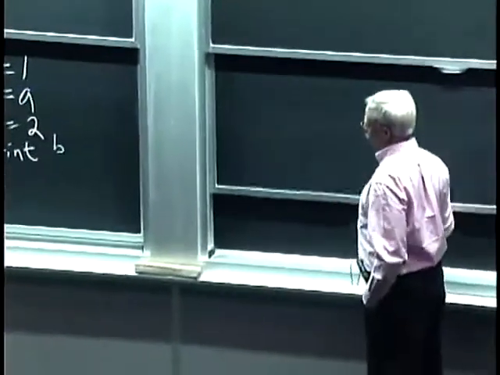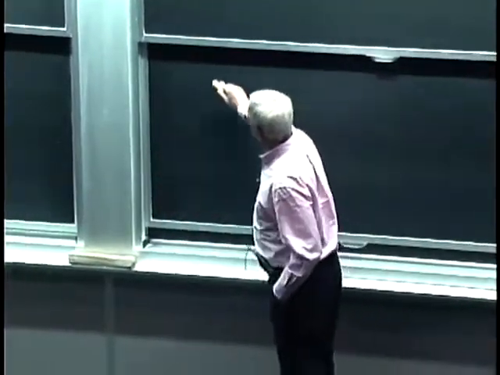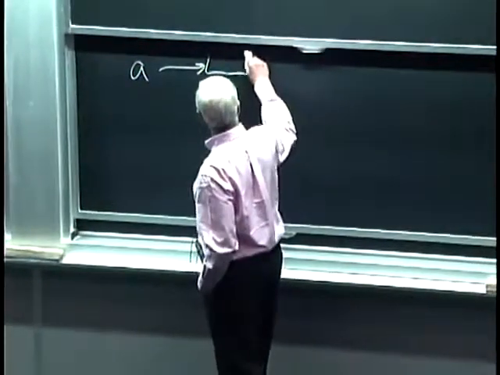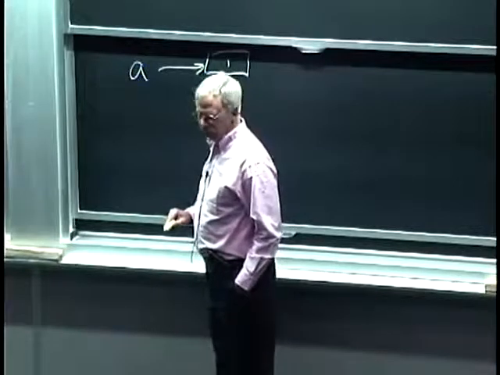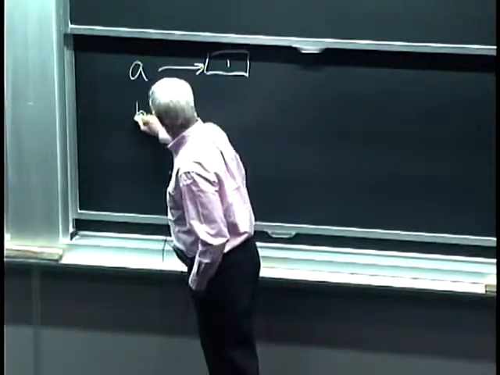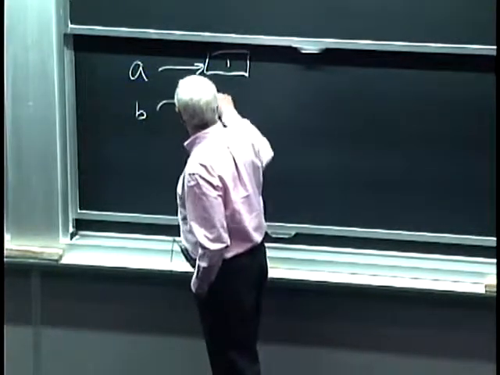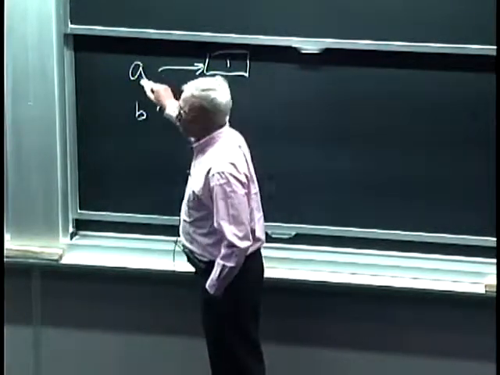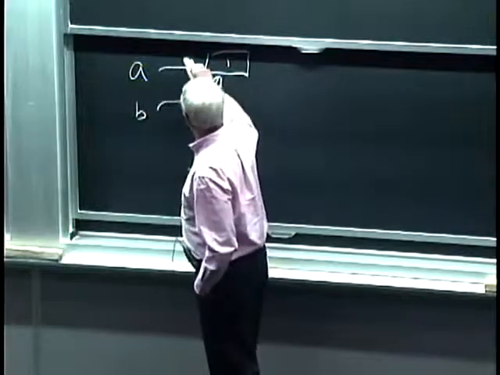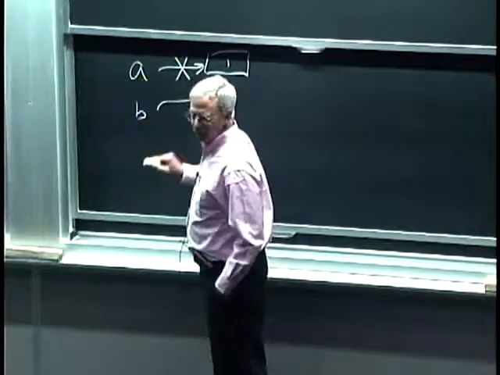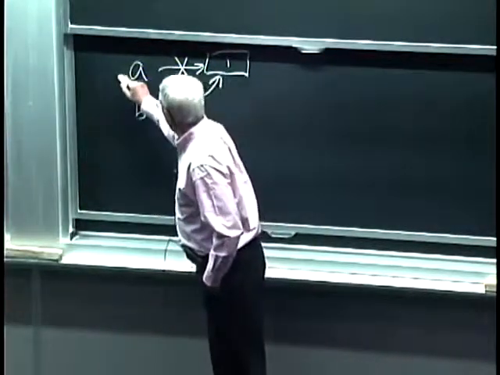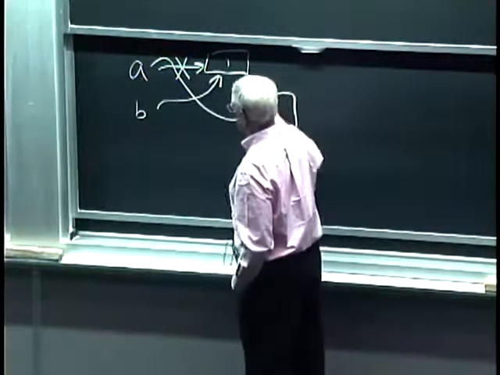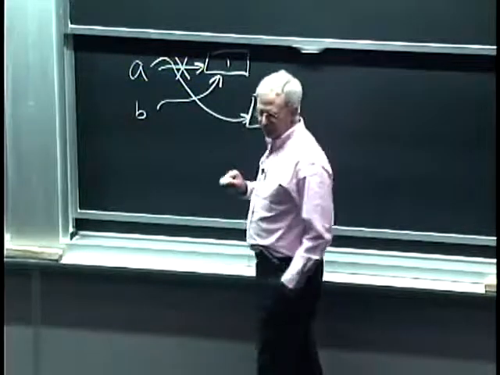So we'll draw the picture over here. Initially A is bound to an object with 1 in it. And then B got bound to the same object. But then when I did the assignment, it broke this connection, and now had A assigned to a different object with the number, in this case, 2 in it.